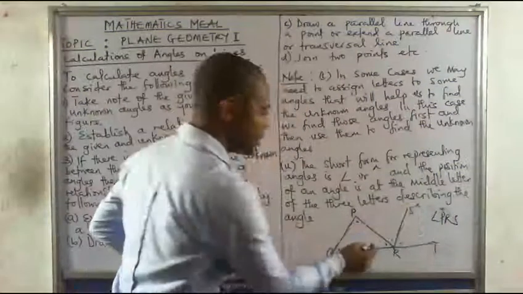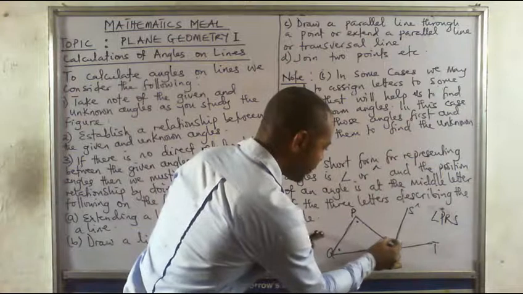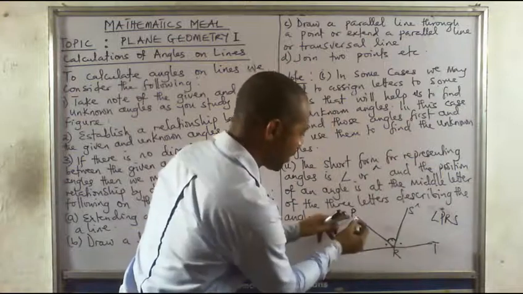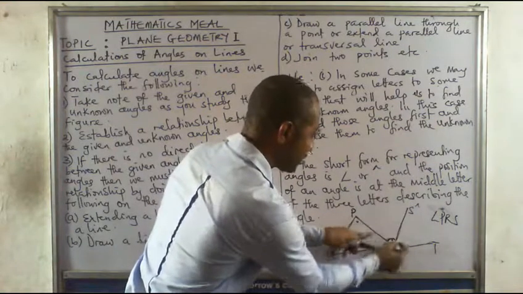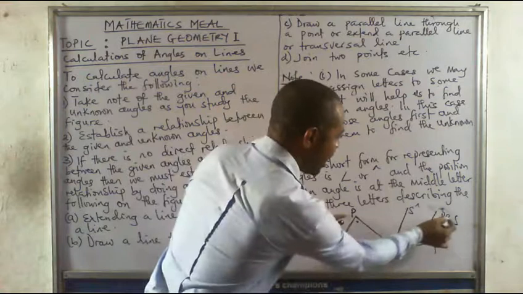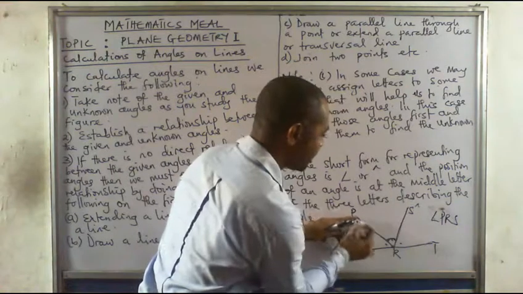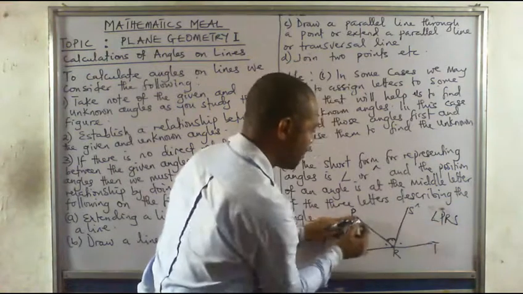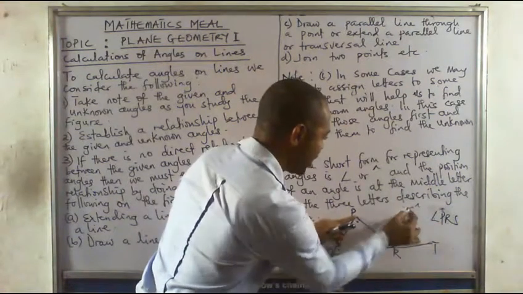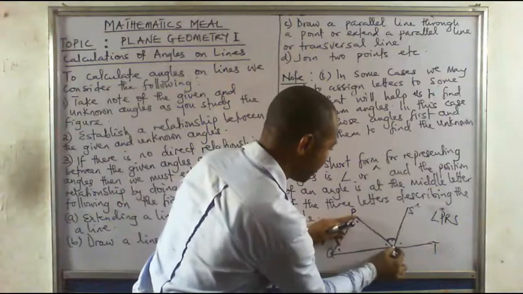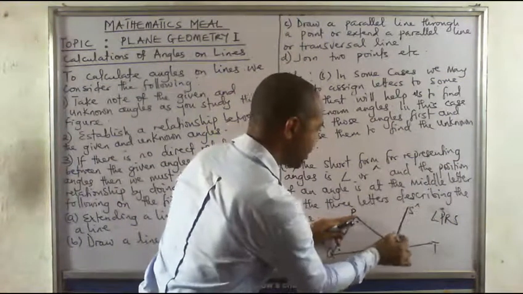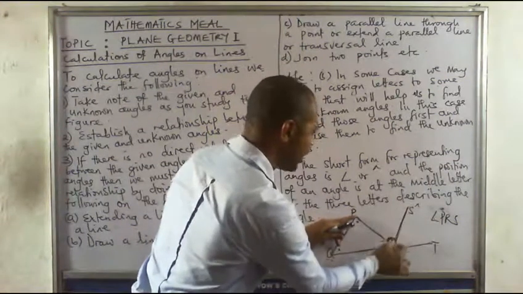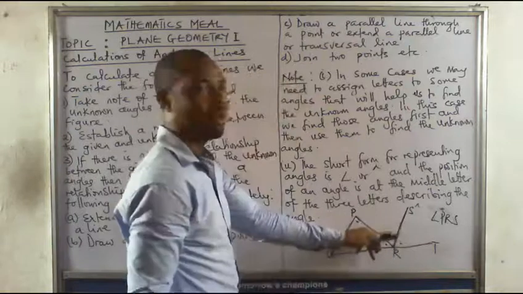The middle letter is R. So this is the angle I'm talking about, angle PRX. The angle PRX is the angle at R formed by line PR and RX. So you look at this PR, then RX. So the angle between the two lines is the angle of interest here.